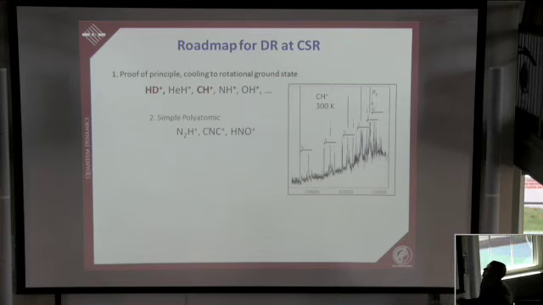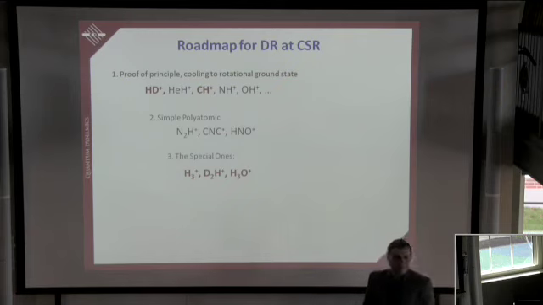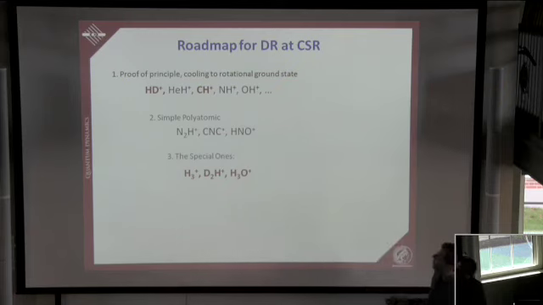Okay, then come simple polyatomic ions like HNO+, N2H+. Then come what I like to call the special ones. Our pet molecule H3+, of course, we still have to deal with that problem. It's still not over. A special role there might be D2H+, because if you want to do this detailed comparison with theory, it will be hard in the beginning at least to really show that we have only the rotational ground state of H3+.